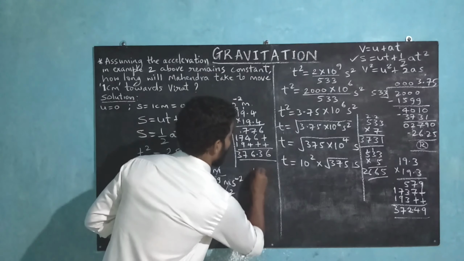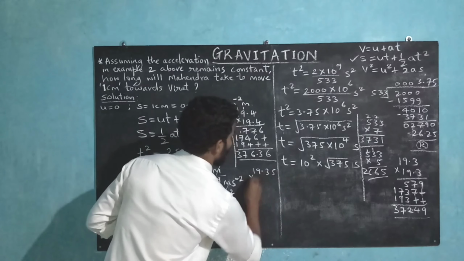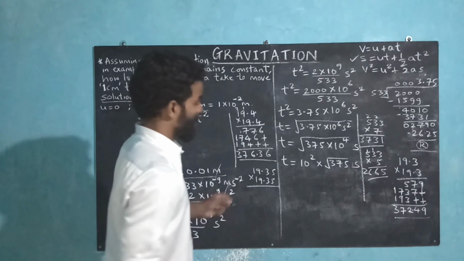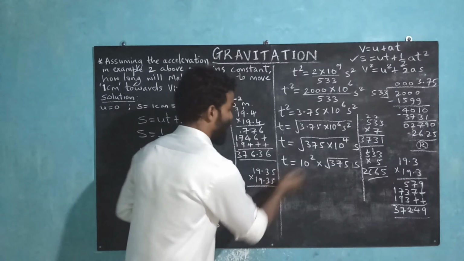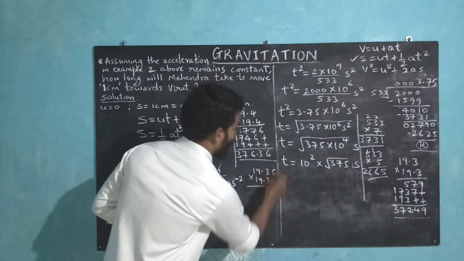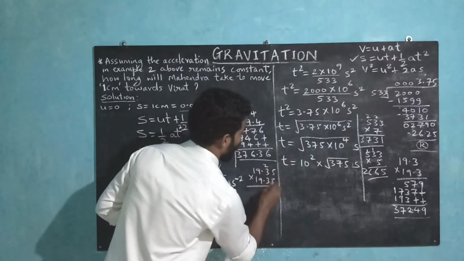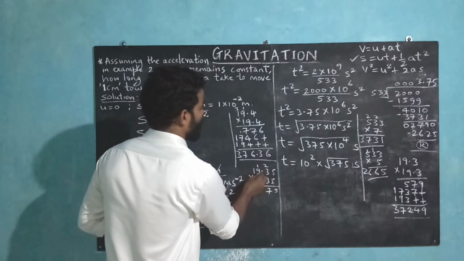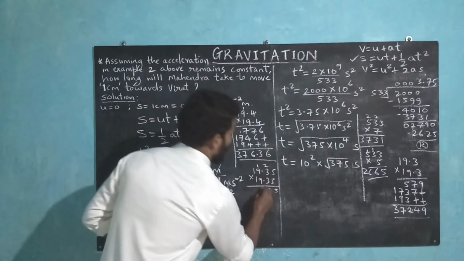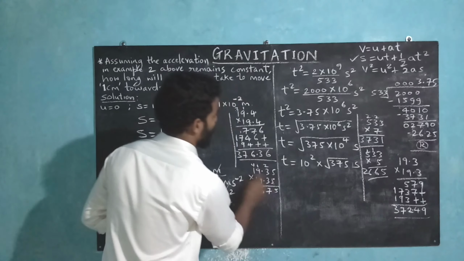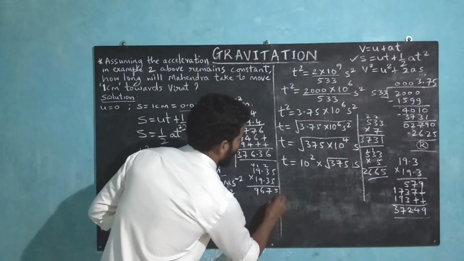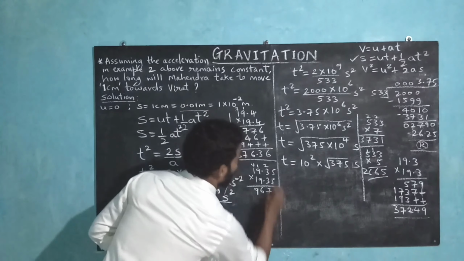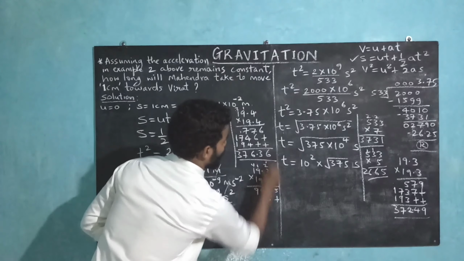So I'll do it here, 19.35 into 19.35. Just do this multiplication and you might get close to it. So 5 into 5 is 25, carry 2. This is 7, carry 1. 9 into 5 is 45 plus 1, 46, carry 4. And 5, this is 9. Let's take one plus sign here. 3 into 3, 9, and 1, 10.